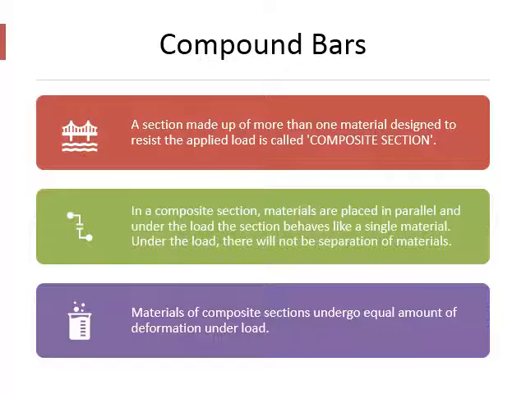The best example is a concrete column, an RCC column, right? It is made up of steel as well as concrete. When I say a column member, I will not differentiate it as steel and concrete. I'll simply call it an RCC column, which is made up of two materials, one concrete and one steel.